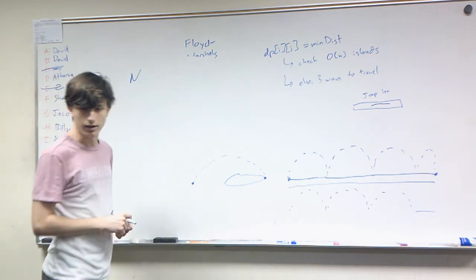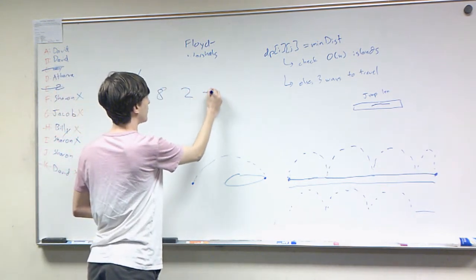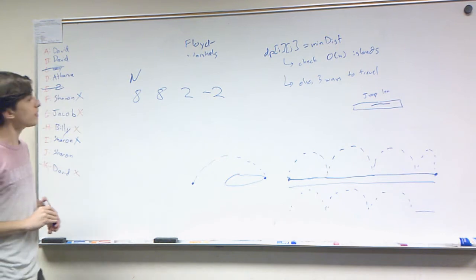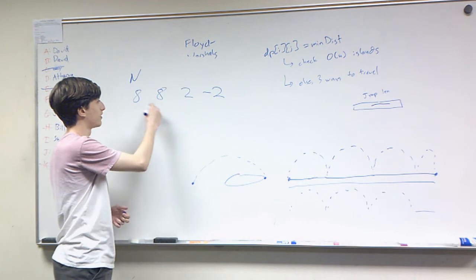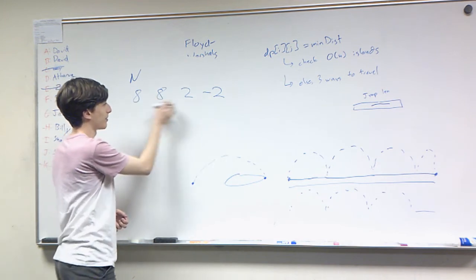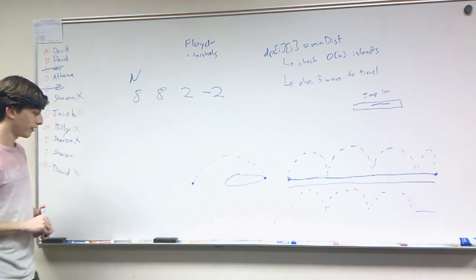So for example, we're given 8, 8, 2, negative 2. So this by itself is not good. It doesn't alternate. Maybe these two would have to be negative, and this has to be positive.